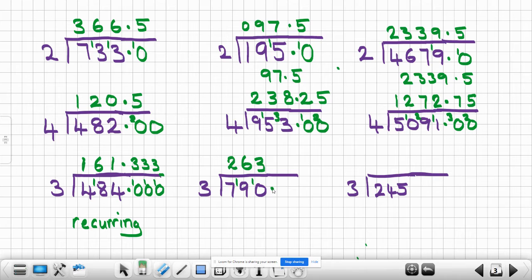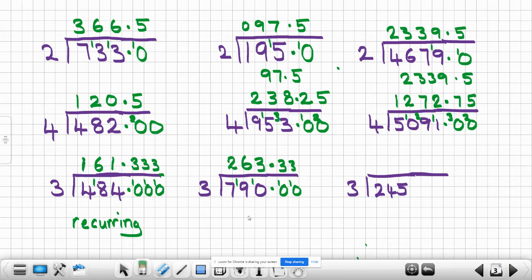So can you see what's going to happen here? If not, just keep going anyway. 3's into 10 goes 3 times with a remainder of 1, which is going to be carried over. We need a decimal here. 3's into 10 goes 3 times, remainder of 1. 3's into 10 goes 3 times, remainder of 1.